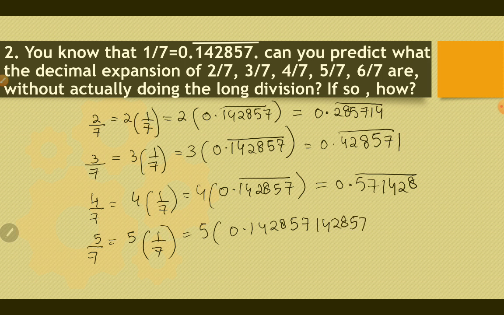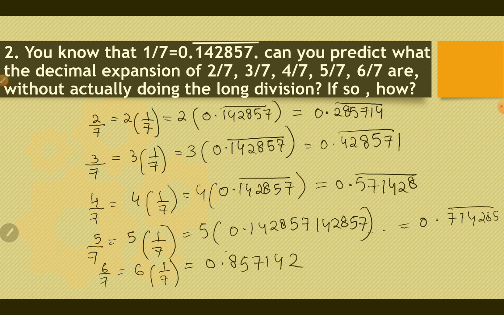The bar means the number keeps repeating, right? So I've written it in the expanded form. That is nothing but 0.714285 the whole bar. Same way 6 by 7 is equal to 6 into 1 by 7, that is equal to 0.857142 the whole bar.